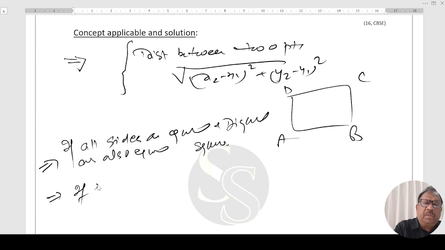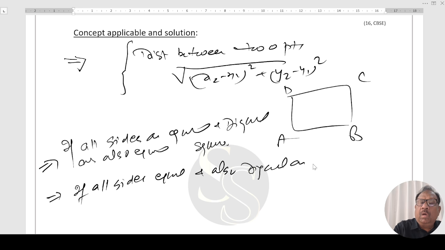If all sides are equal in length and diagonals are not equal, then rhombus, right?